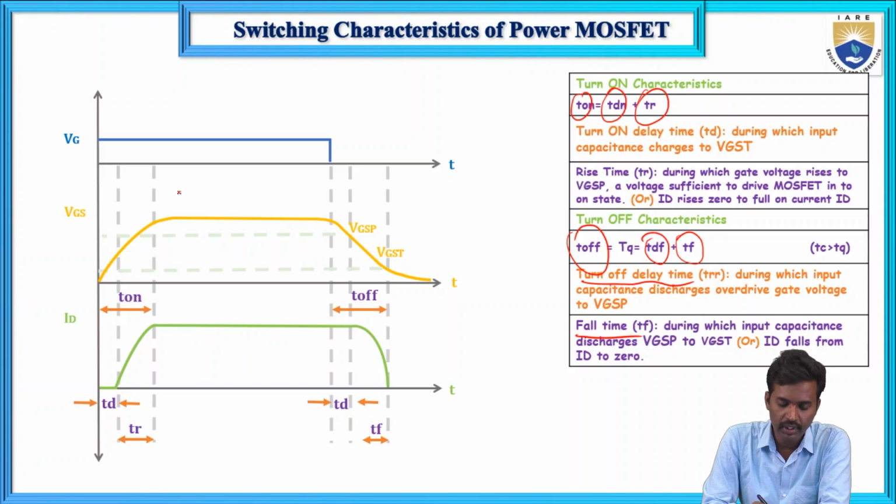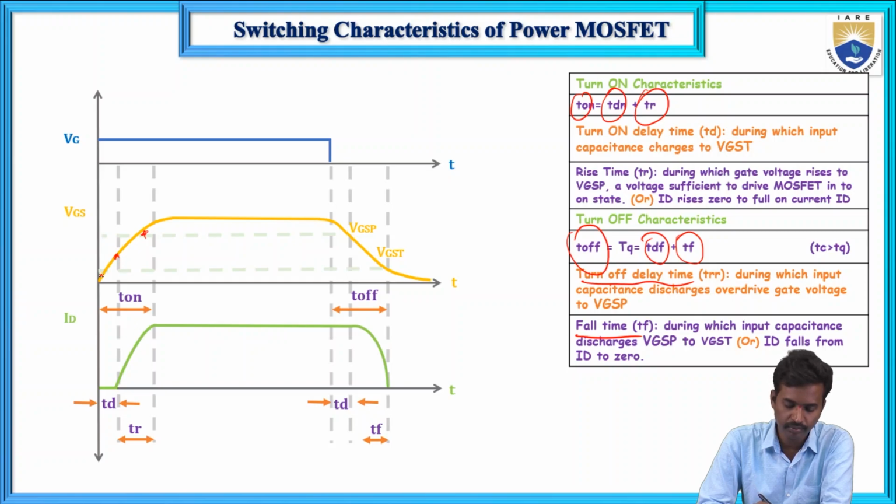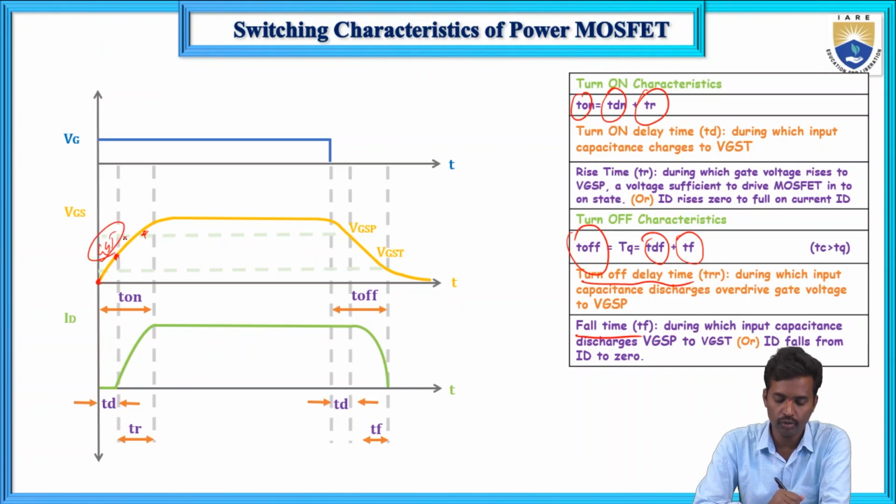And next, this delay time is the time taken for the input capacitance to charge from 0 to VGST, the certain threshold value.